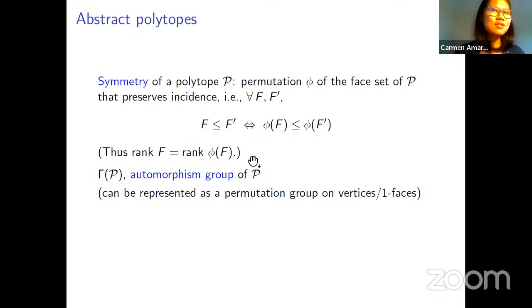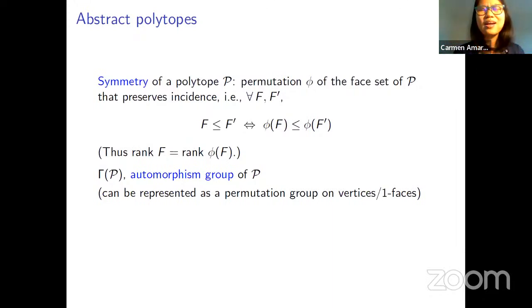One implication of this condition is that the rank of F will be equal to the rank of phi of F. So this is a face, this is another face, they would have the same rank. So pinapermute ng phi yung faces of the same rank. The set of all symmetries of a polytope forms a group called the automorphism group of P. It turns out that the automorphism group can be represented as a permutation group on faces of a fixed rank.